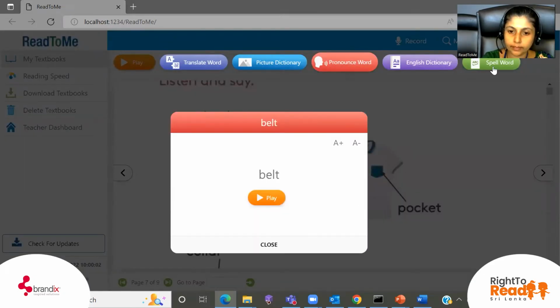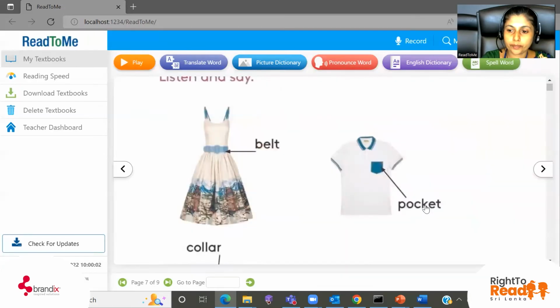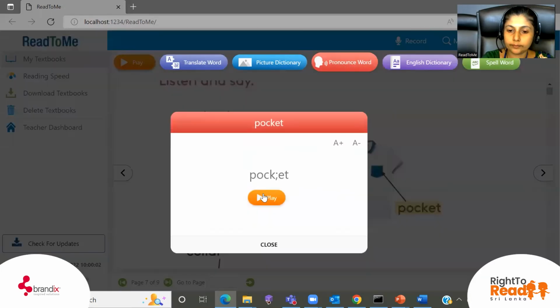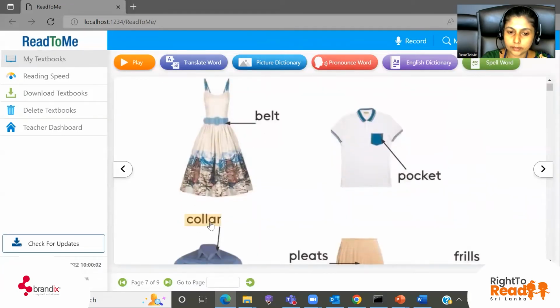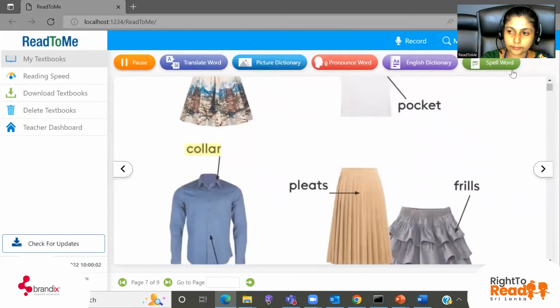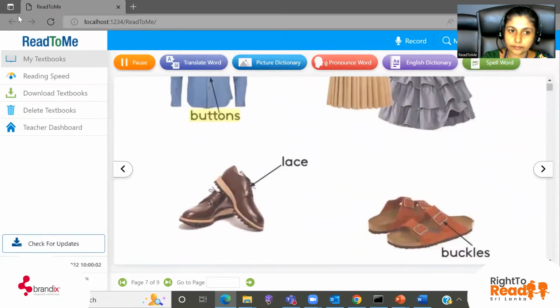Belt. B-E-L-T, belt. Pocket. P-O-C-K-E-T, pocket.